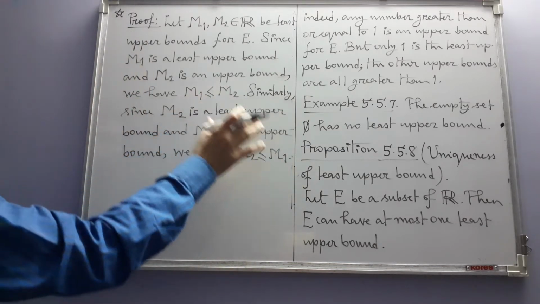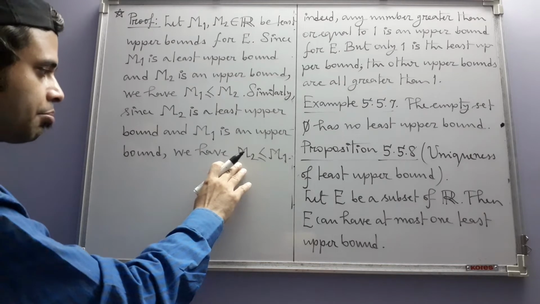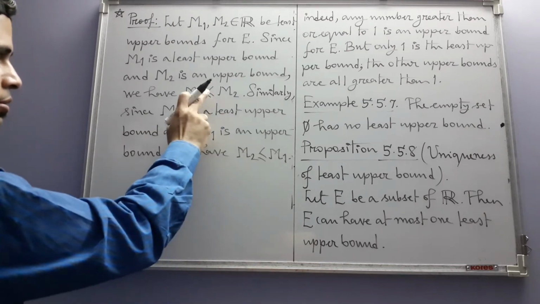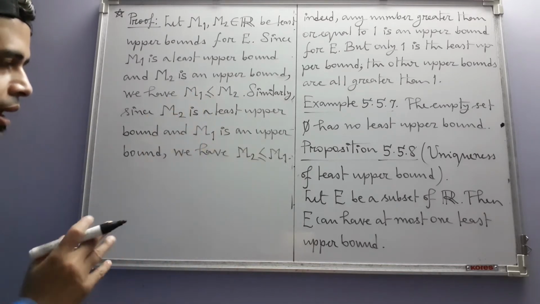So we can now combine these two inequalities and apply the fact that this relation is anti-symmetric.